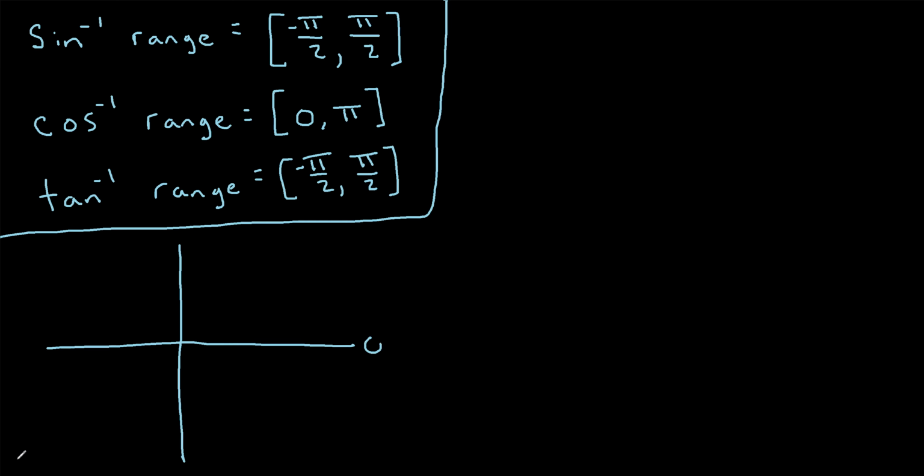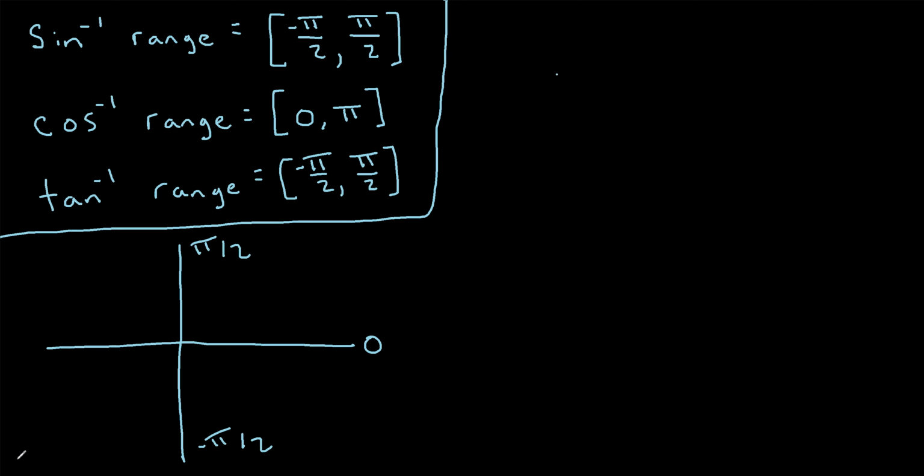So we're talking about from 0 all the way to pi over here. This is the only valid range that we're allowed to look at when we're talking about the inverse cosine of a value. And lastly, the inverse tangent range is also from negative pi over 2 to positive pi over 2, so just like sine. So knowing these facts, let's work through a few examples.